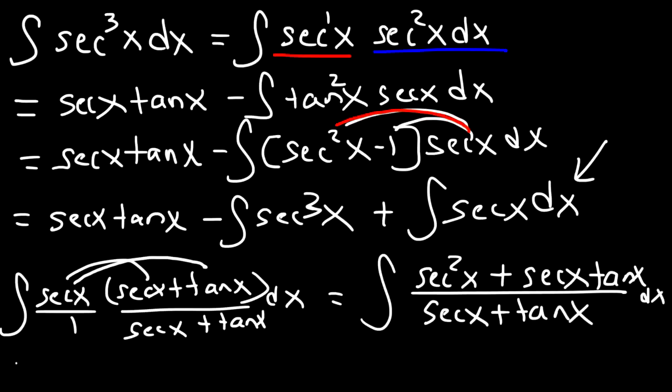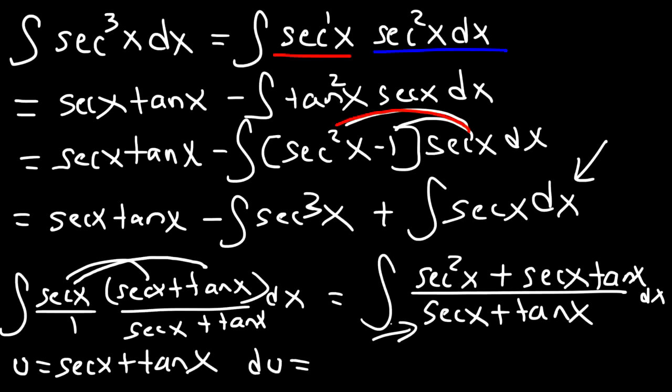Now what we're going to do is make u equal to the stuff on the bottom, secant x plus tangent x, and so du is going to be the derivative of tangent, which is secant squared, and the derivative of secant, which is secant x tangent x, times dx.